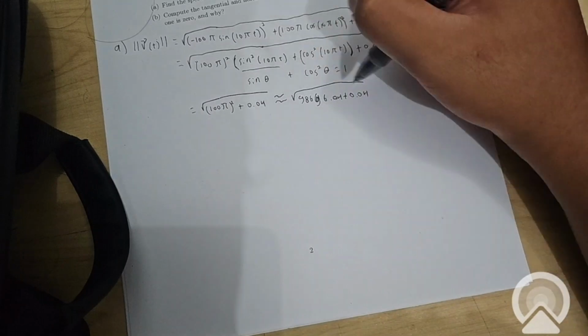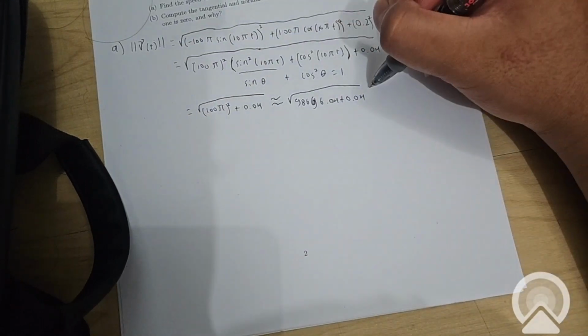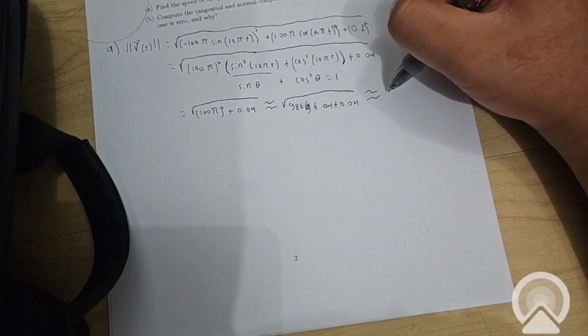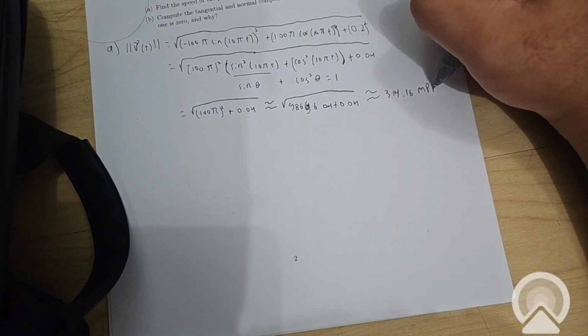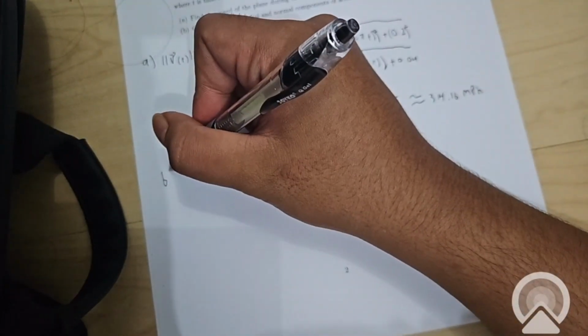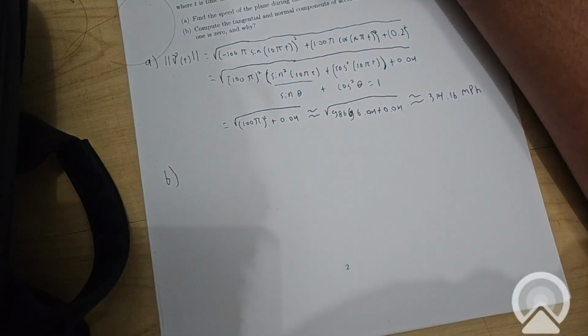After we compute this, we get approximately 340.60 miles per hour.